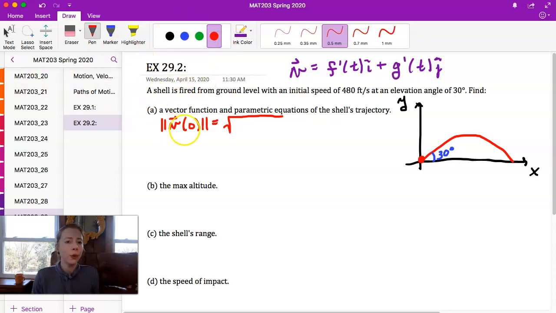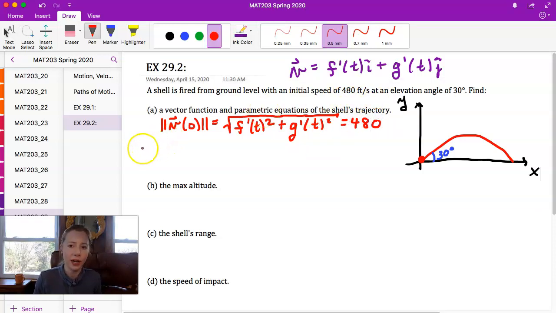And so we know that the magnitude of velocity, or this initial speed here, is going to be the square root of f prime of t squared plus g prime of t squared, and that's going to be 480. We're given that, 480 feet per second.